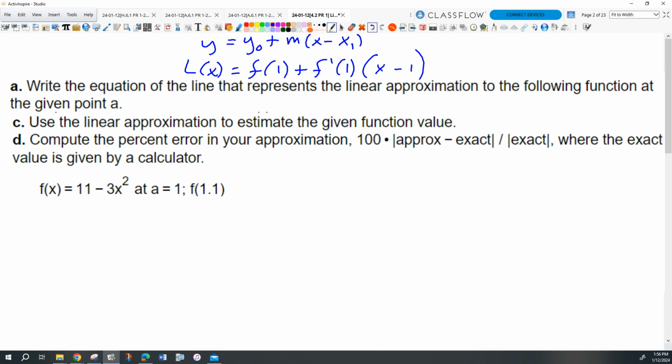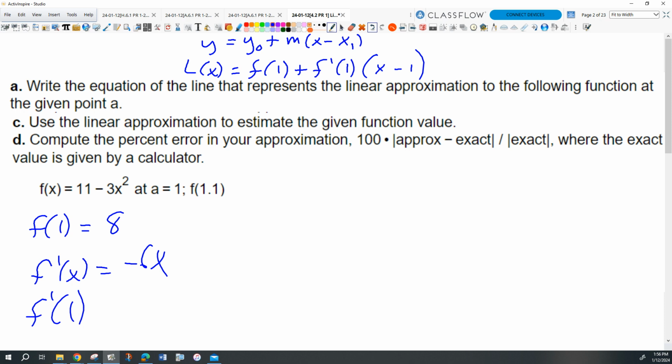And we have our function here, so we should be able to plug in stuff for all that. If this is f of x, what's f of 1? 8. Yeah, 11 minus 3 times 1 squared, 11 minus 3 is 8. What's f prime of x? Negative 6x.